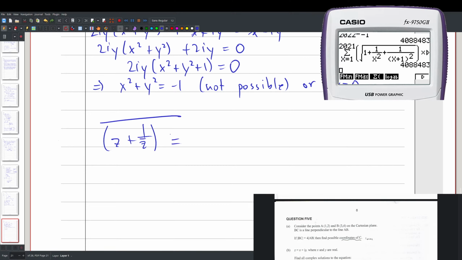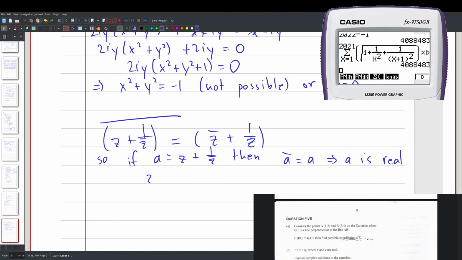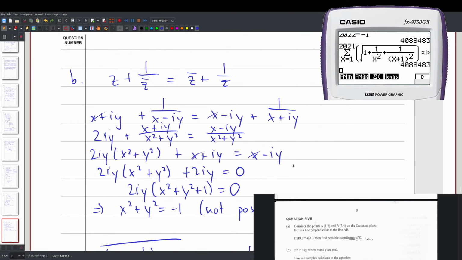Bar of that is equal to Z bar plus 1 over Z. So like, if A equals Z plus 1 over Z bar, then A bar equals A, so A is real. So Z plus 1 over Z bar is real. Right? That's weird. Bit sus. Highly sus.